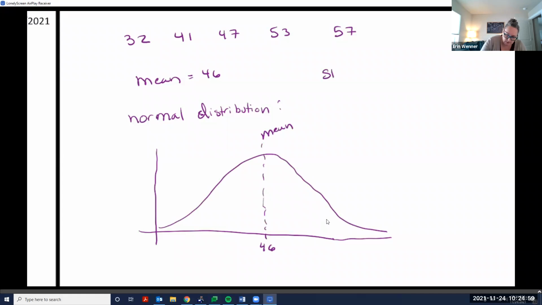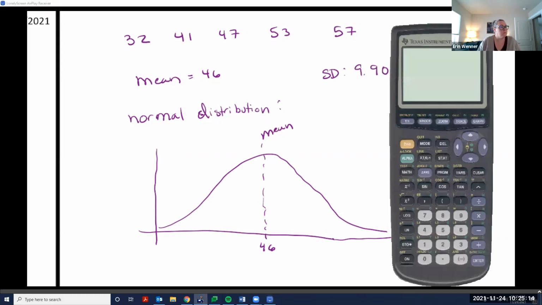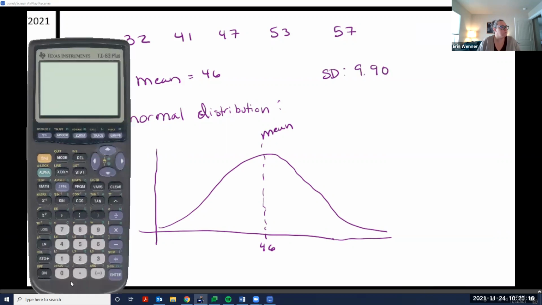With a standard deviation of 9.90, we're going to start plotting out. If I subtract 9.90 from 46, I get 36.1.